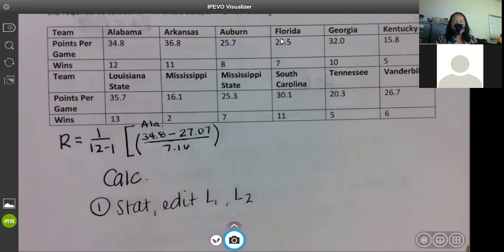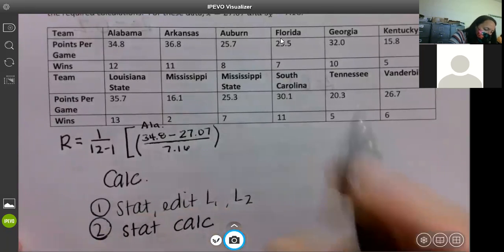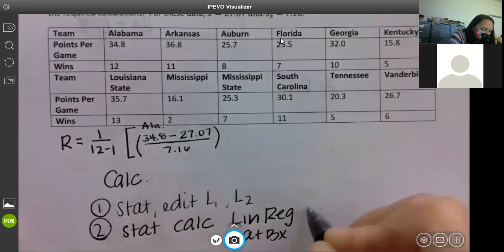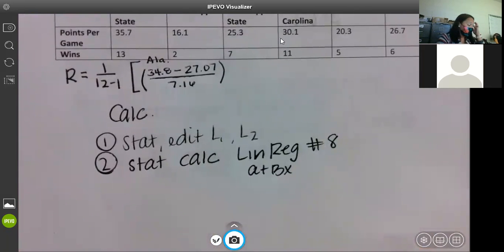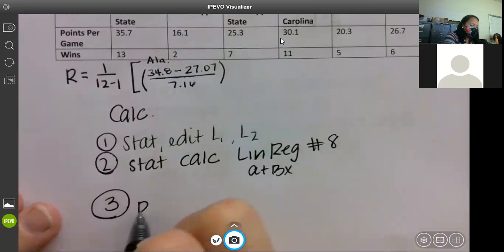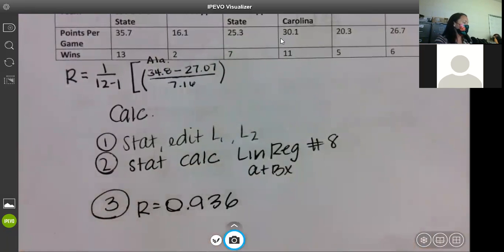Once we edit L1, L2, we go back into stat, calc, and LinReg, but we want to do A plus BX, and that's number 8. Keep hitting enter, and you'll get your R is 0.936. And you could do that with any data set that you have in there.